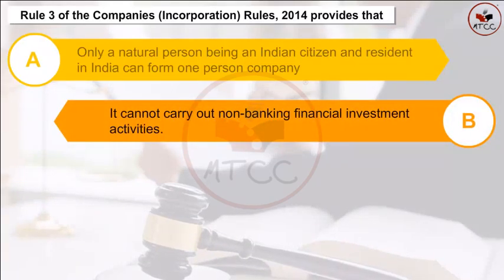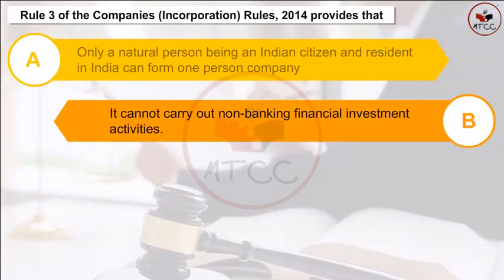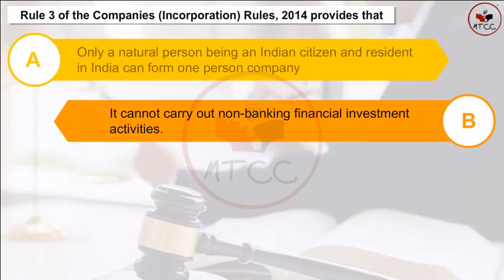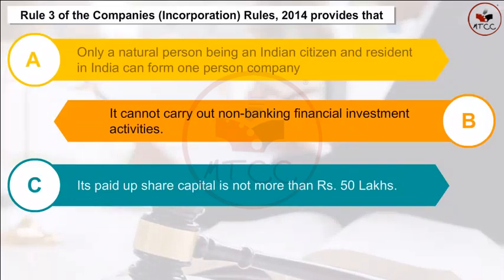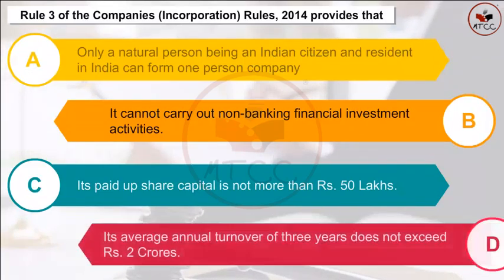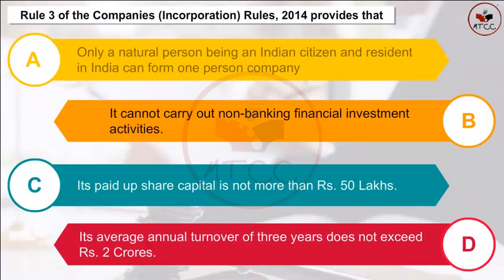B. It cannot carry out non-banking financial investment activities. C. Its paid-up share capital is not more than 50 lakh rupees. D. Its average annual turnover of 3 years does not exceed rupees 2 crores.